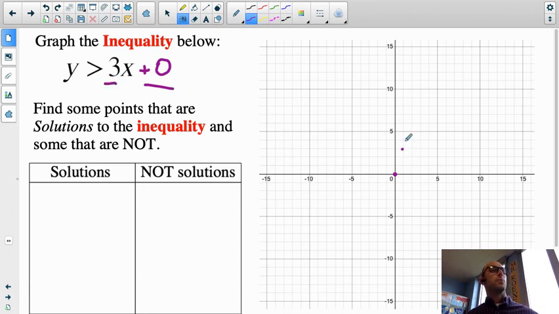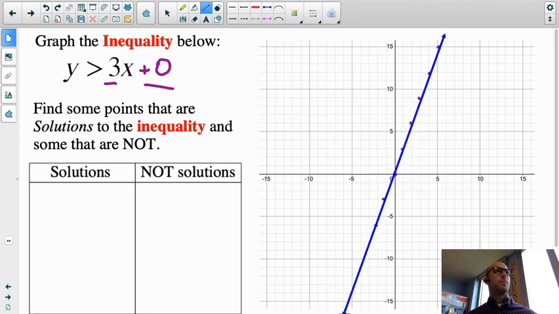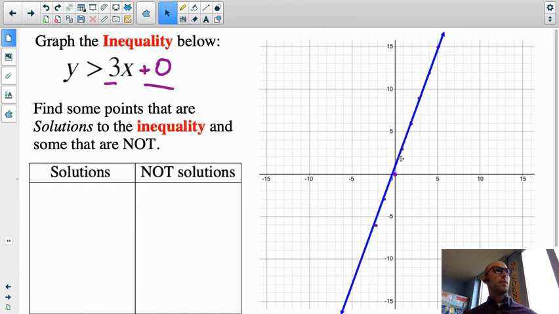So from there, I'm going to go up 3 over 1, 3 over 1, 3 over 1, up 3 over 1. Continue, and I can backtrack here too. Totally fine to do that when you're doing it by hand. I actually have a nice fancy line tool that's going to make it nice and straight for me, so I'm not too concerned as long as I get it in the right spot. That's better. And I want to identify solutions, not solutions.